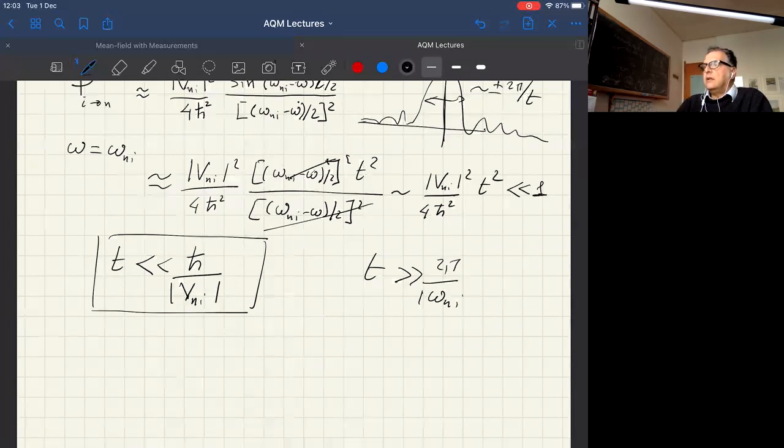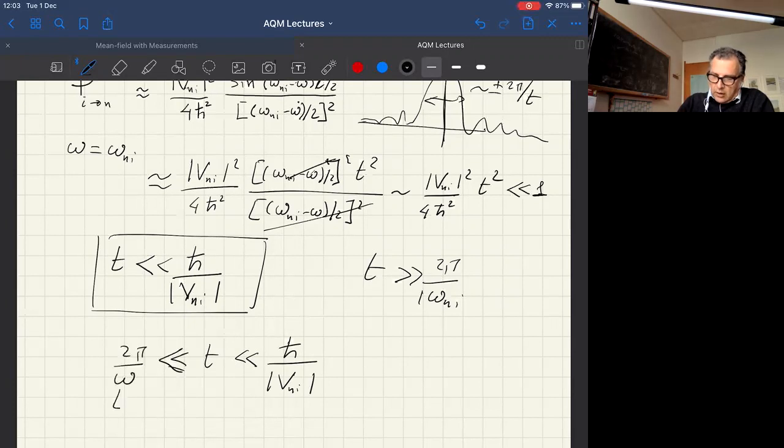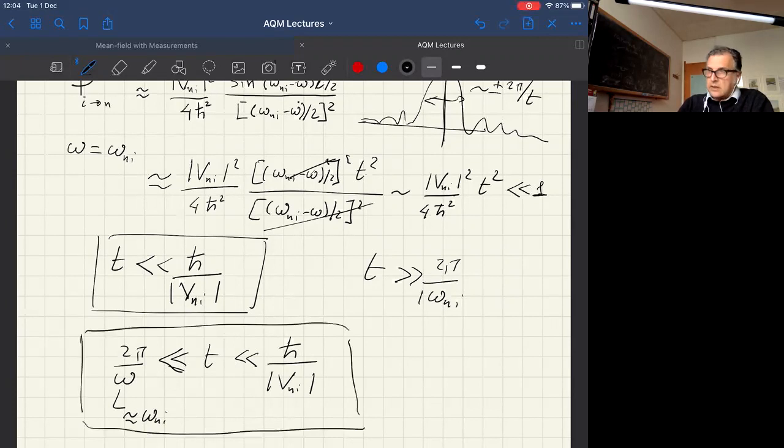Otherwise, this does not work. If you put the two expressions all together, then you find that more or less the time for which perturbation theory works should be in between this and 2 pi over omega, or more or less omega_NI, because we said that omega and omega_NI are more or less the same. So this is somewhat a way in which one can estimate where perturbation theory works.